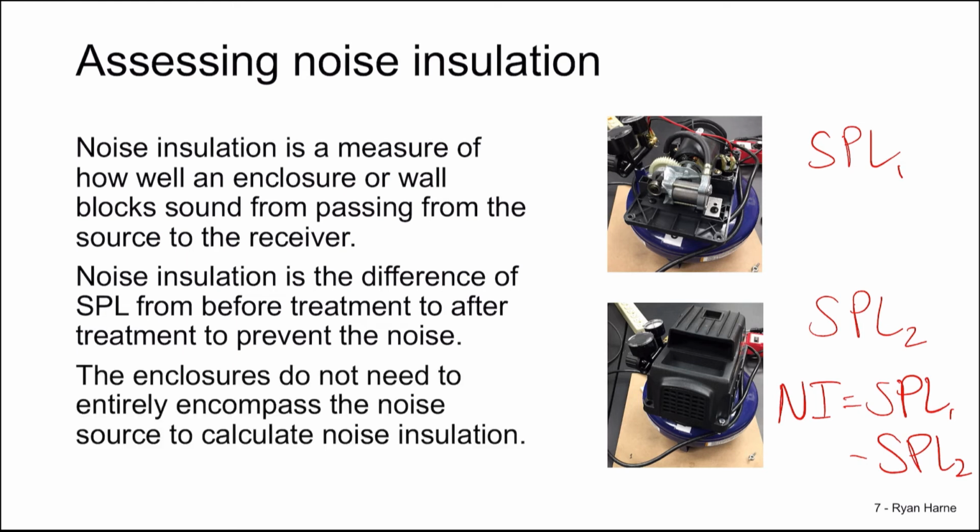We also do not need to enclose the noise source entirely to calculate noise insulation. Noise insulation is a very practical way of assessing success of a new noise control remedy.